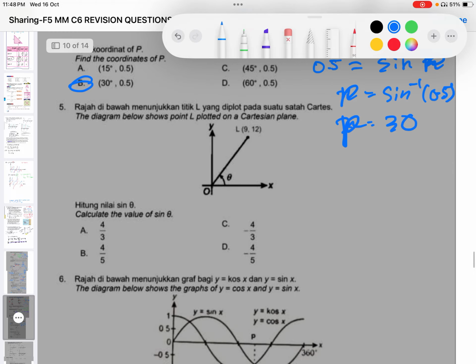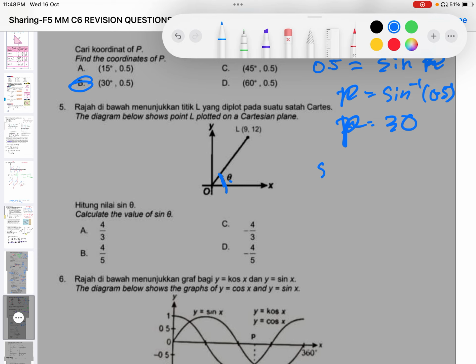Okay. Number 5, the diagram below shows point L spotted on a Cartesian plane. Calculate the value of sin theta. So sin, okay, ingat balik kalau polar coordination, no, not polar coordination. Corresponding angle will be towards x. So this is corresponding angle.